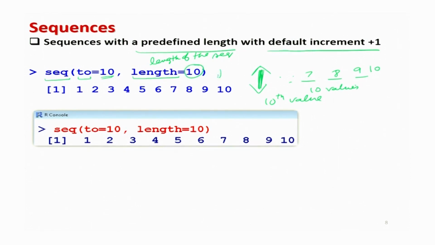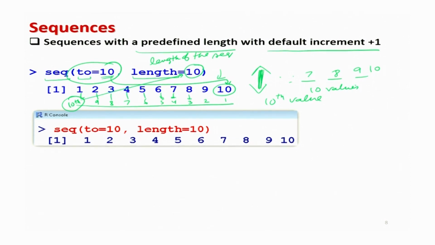As soon as you execute it you will get this type of outcome, and if you look at the last point, this is the 10. Then this is my first value, this is my second, third, fourth, fifth, this is 6, 7, 8, 9, and this is my 10th value. So this 10 corresponds to the length of the vector or length of the sequence.